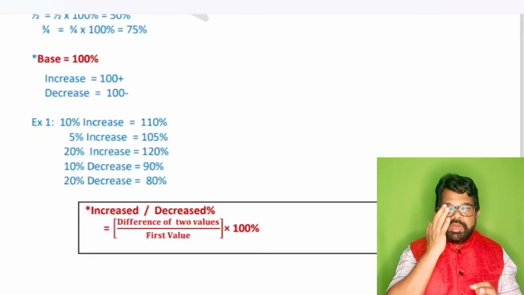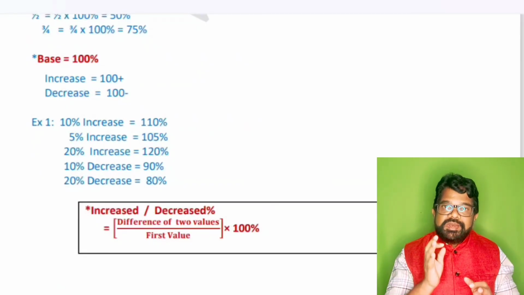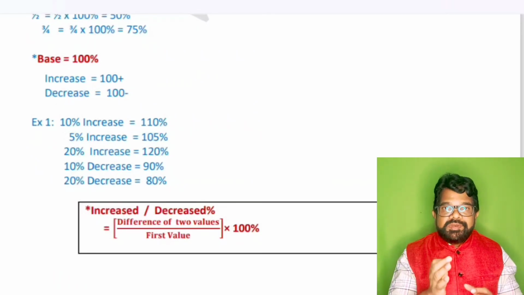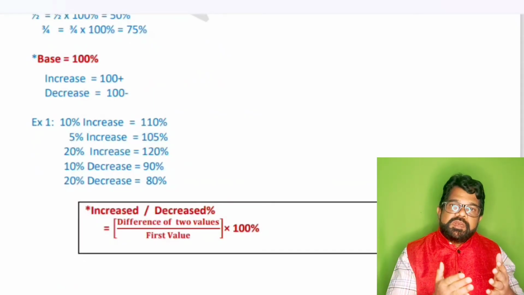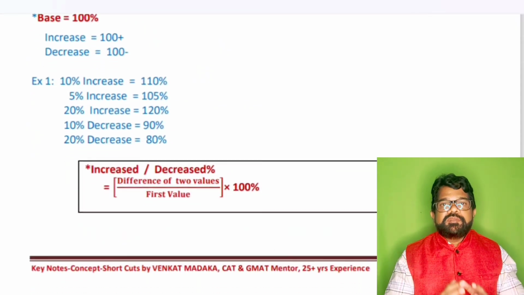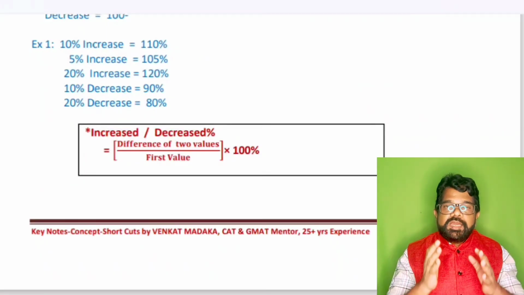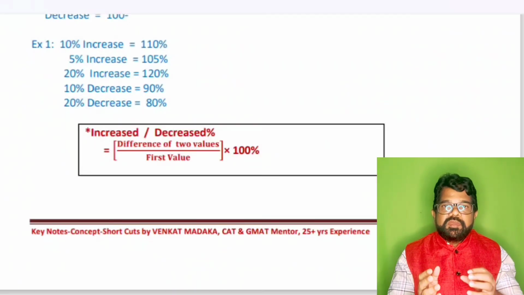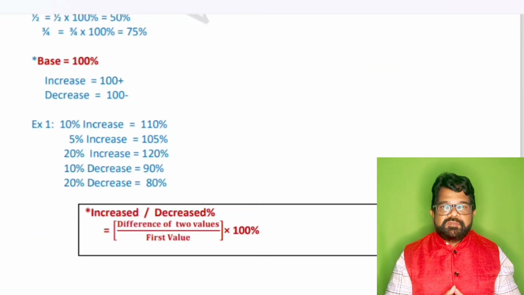Observe example 1 here: a 10% increase gives 110%, a 5% increase gives 105%, a 20% increase gives 120%. A 10% decrease gives 90%, a 20% decrease means 80%. So decrease means 100 minus, increase means 100 plus. So 100% is the base in percentage.